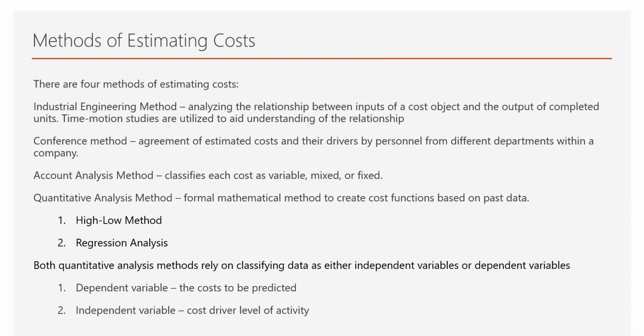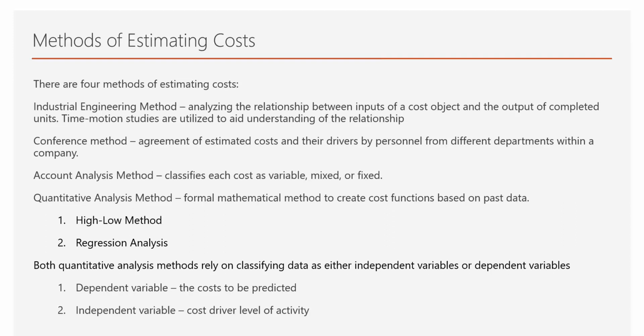Now, both quantitative analysis methods, whether it's the high-low method or the regression analysis method, will depend on classifying or identifying data as independent variables or dependent variables. So let's define them for our situation. The dependent variable is the cost we want to predict. When we go back to our cost function, y is the total cost we want to predict.